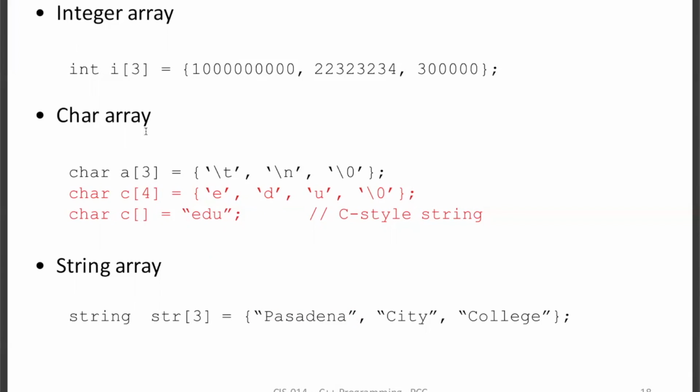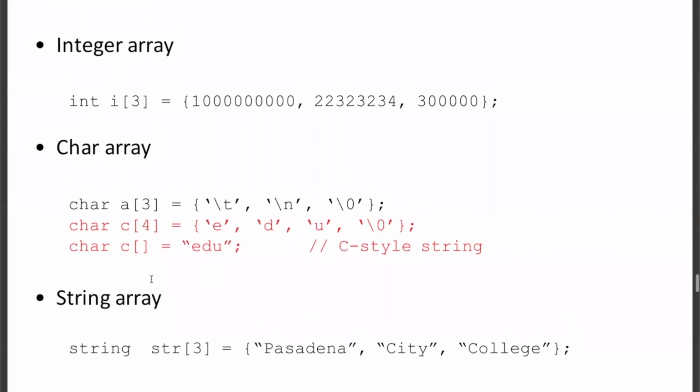Now, let me just quickly go through this. Even though string is a C++ concept, internally that string class uses what's called a char array as well. So string is a class that wraps around the C-style string.